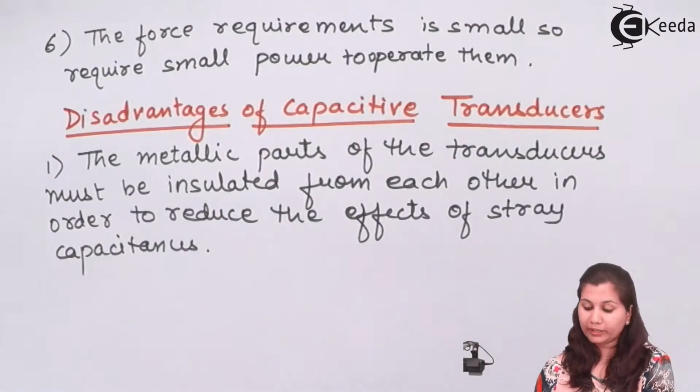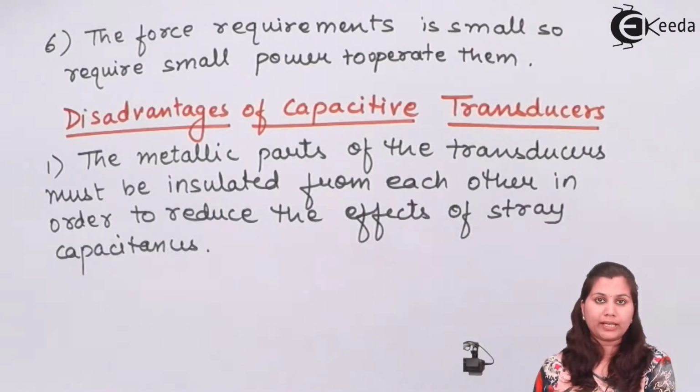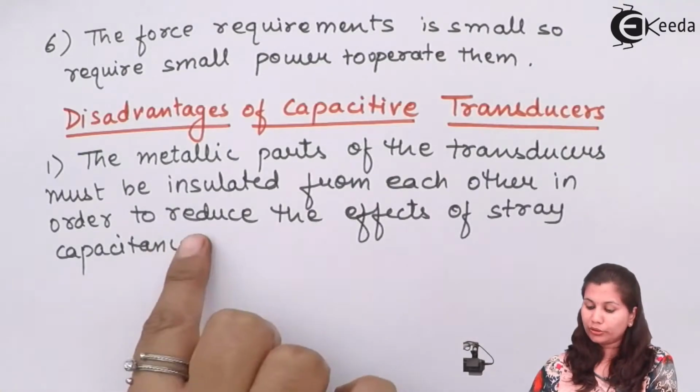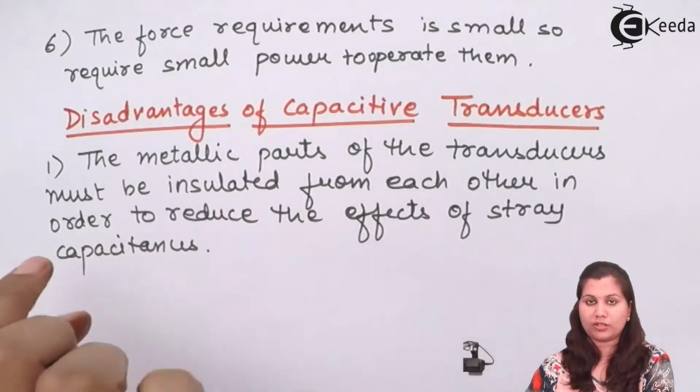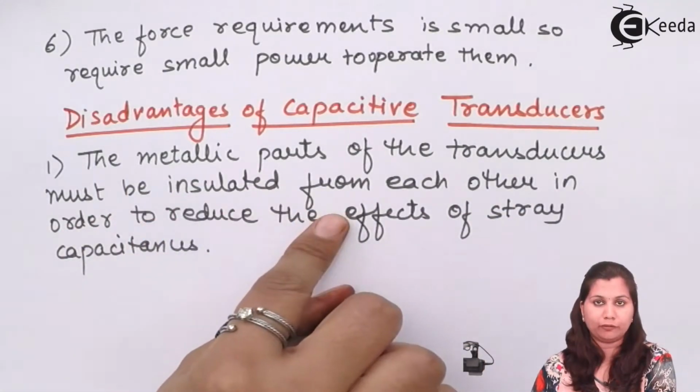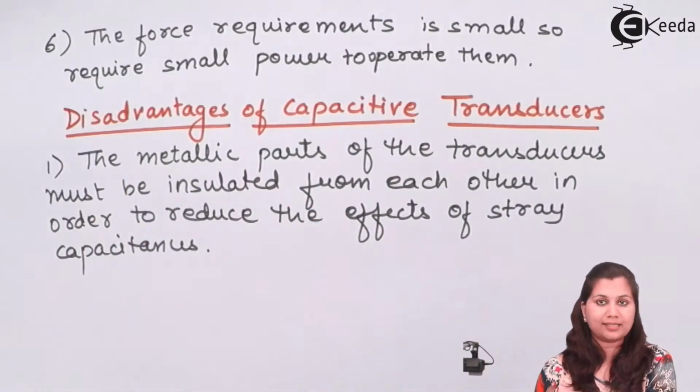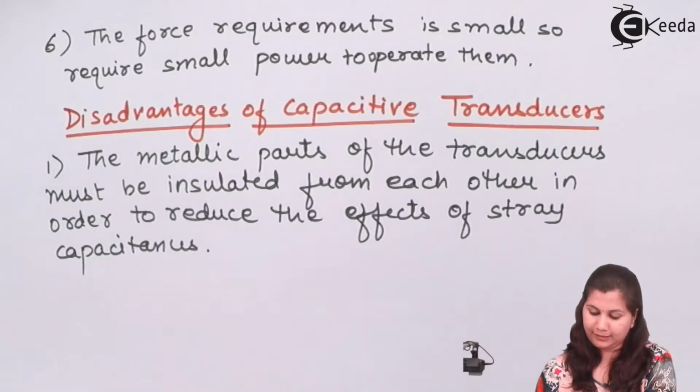Insulation should be provided so that any stray capacitances, or the capacitances in the surrounding area of these transducers, do not affect the actual value of the capacitance. So to reduce the effects of the stray capacitance, the metallic parts of the transducer must be insulated from each other. That is a disadvantage, that the capacitive transducers are affected by the presence of stray capacitances.